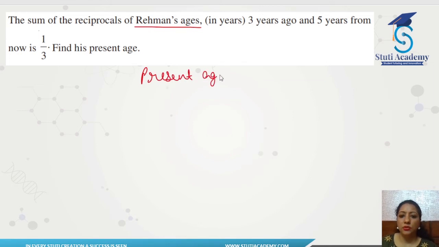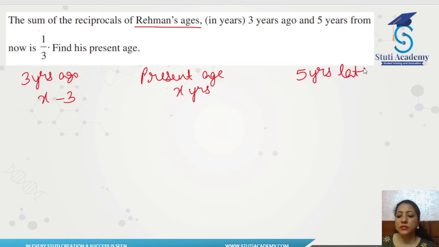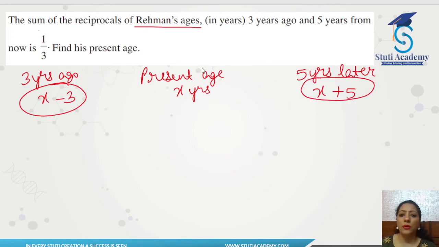Present age we are going to take as x years, and the age 3 years ago I'm going to take as x minus 3. And 5 years from now, that means 5 years later, the age would be x plus 5. Now the sum of the reciprocal of Rahman's age 3 years ago and 5 years from now is 1 by 3.